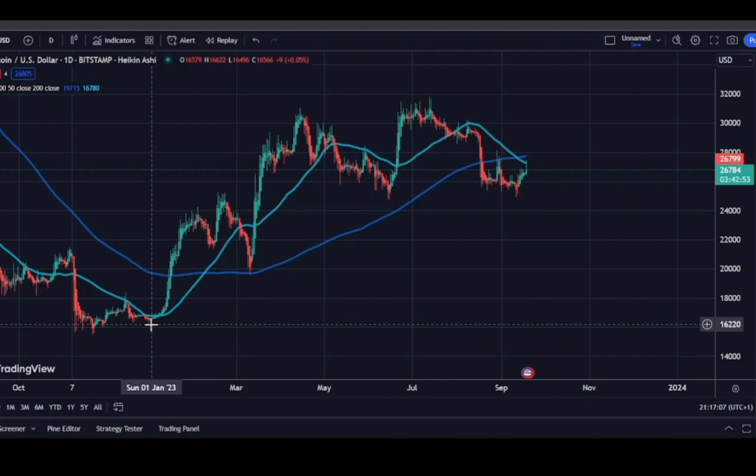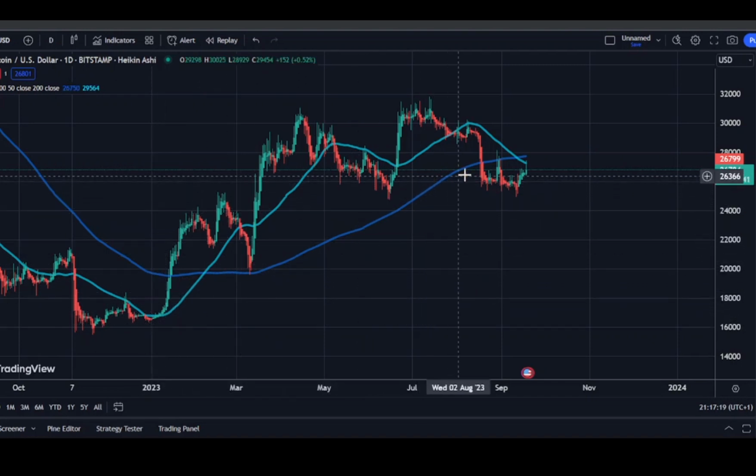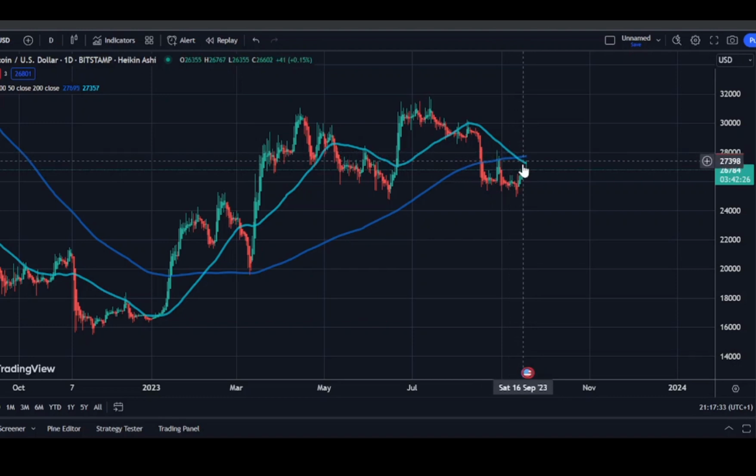So you can see here in our chart, ever since literally January the 1st, to be honest, we've been in a pretty nice uptrend, going all the way from 16,000 up to where we are now in the 26,000s. So it's been a nice uptrend in the longer term, but recently, now that you can see that this lighter blue line is crossing below the darker blue line, it's a sign that in the short term we may now be reversing this trend.